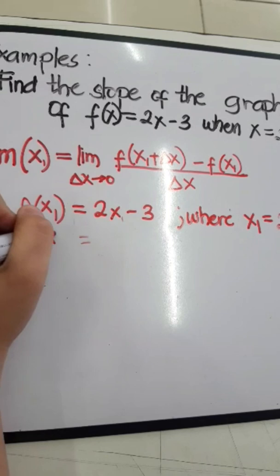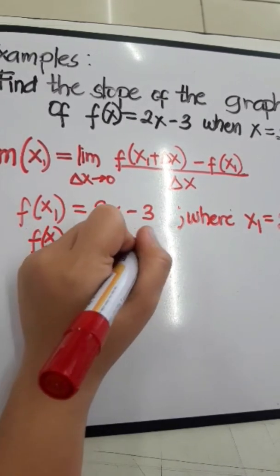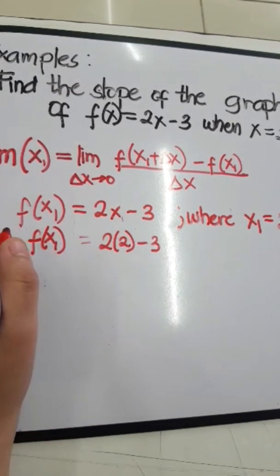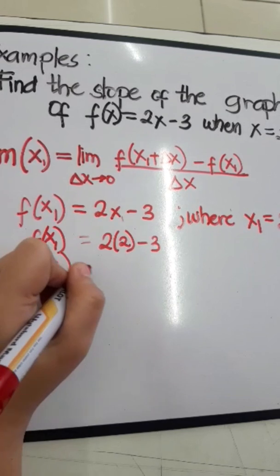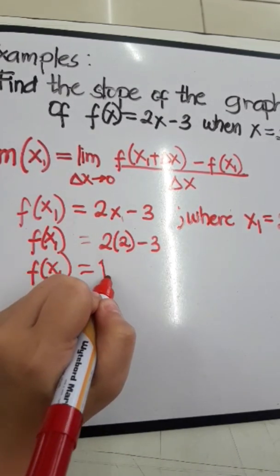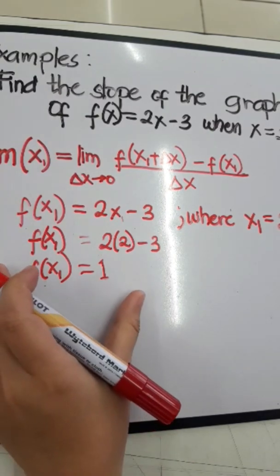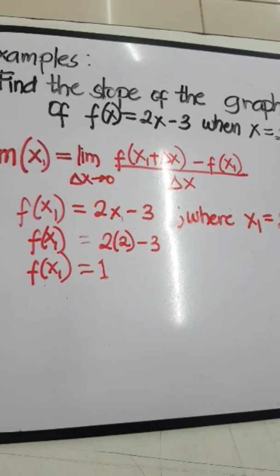So f of x sub 1 is equal to 2 times 2 minus 3. Then f of x sub 1 is equal to 4 minus 3, which is 1. Okay? So we already have the value of f of x sub 1.